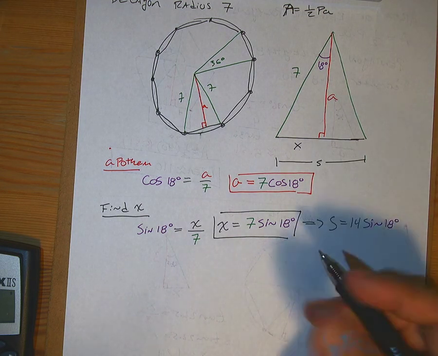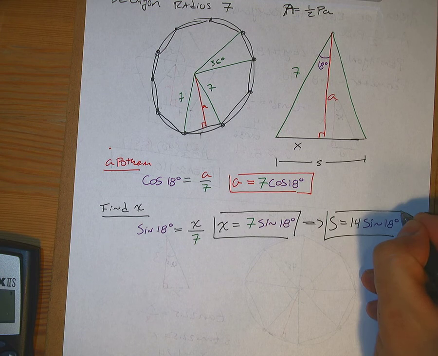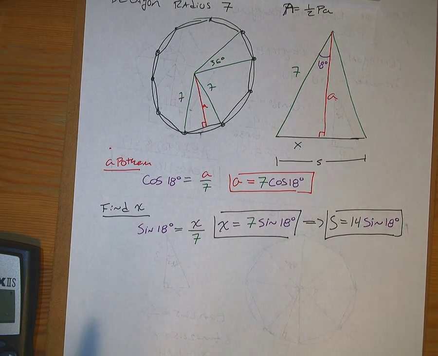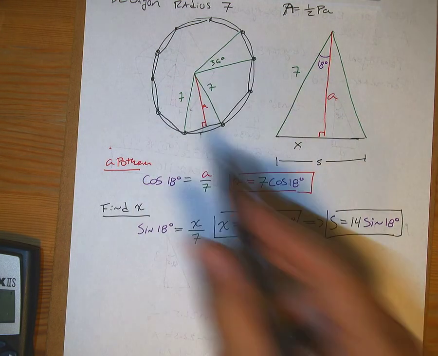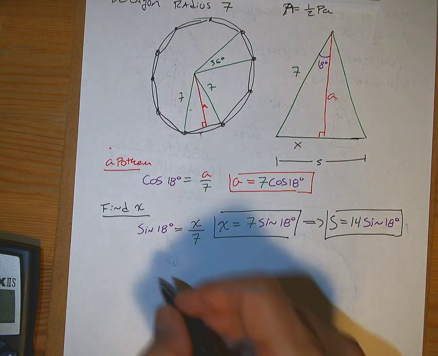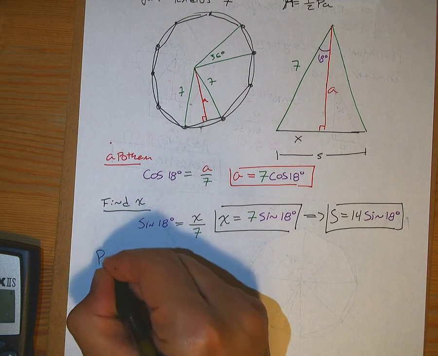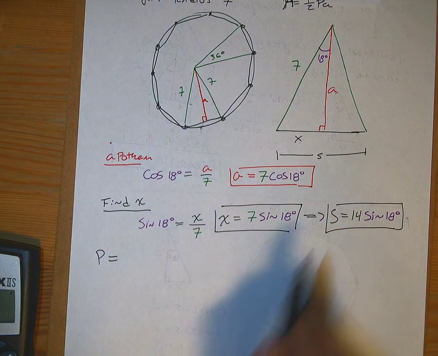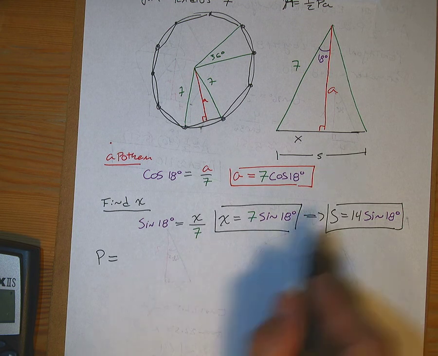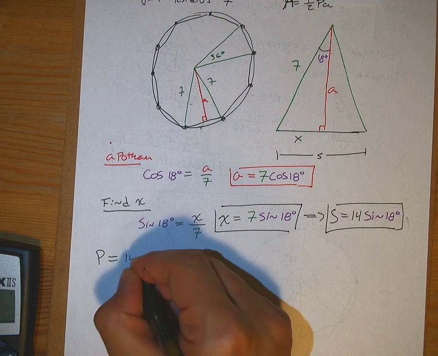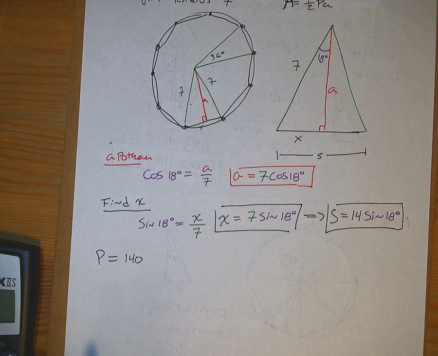Okay, let's put a box around that because I'm kind of at the done part there. And wait, hold on. If I know s, I really know the perimeter because there's 10 sides to this. So the perimeter will equal 10 side lengths. So that's going to equal 10 times this, which is going to be 140 times the sine of 18.